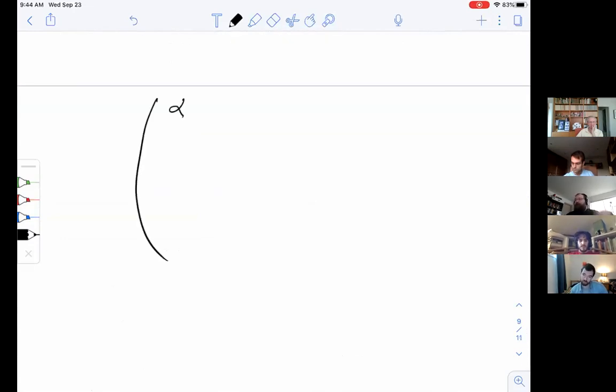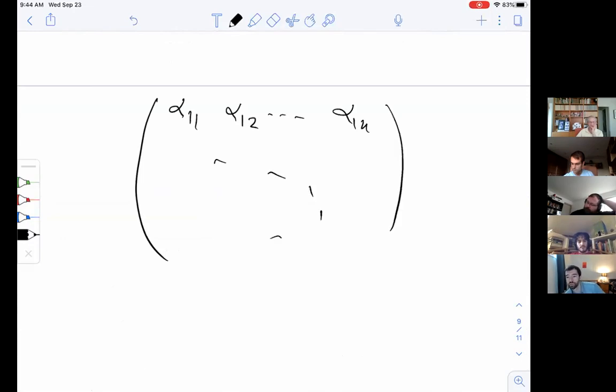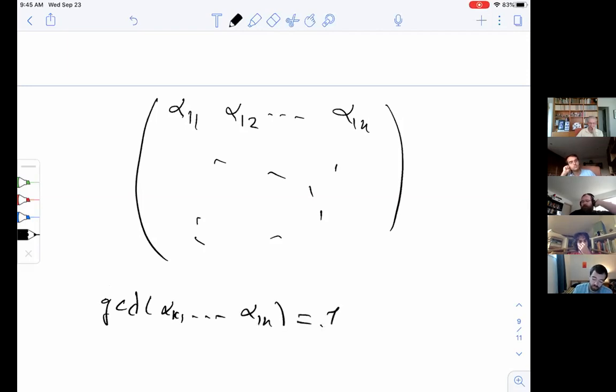Let's look at the first row of this matrix. Well, since the matrix has determinant 1, the GCD of the entries of the first row is 1. Okay. So in some sense, this is a relatively prime collection of numbers. There's no prime dividing all of them, because if it divided all of them, that prime would divide the determinant.